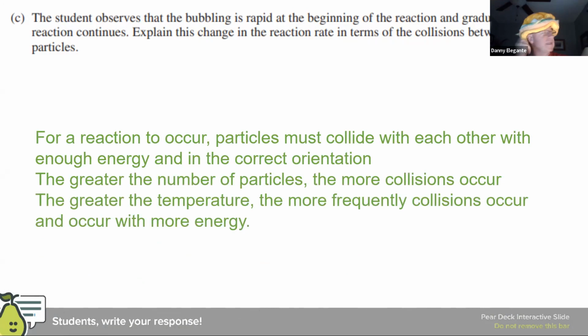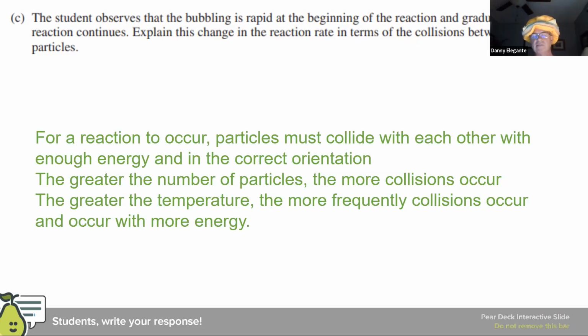We also know that temperature can affect rate of reaction, right? So the warmer it is, the particles are going faster, and so they're going to run into each other faster, right? Or more frequently. So if the particles are increasing in temperature, that means they're going faster.